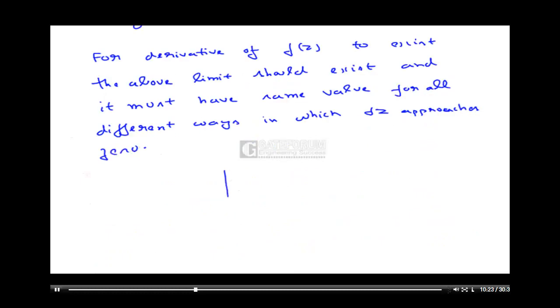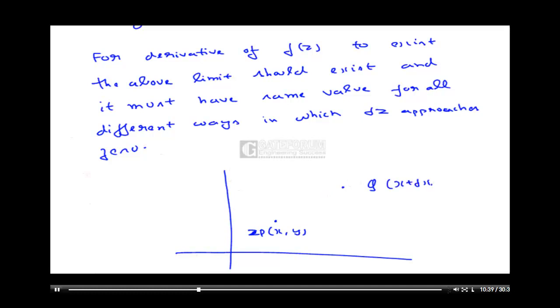See, originally I am having some point z which is equal to (x, y), and I want to go to some point, say let this be point P and this be point Q, which is equal to (x plus delta x, y plus delta y). Now I can reach P to Q through this way, this way, or this way. If I am going directly, then my x and y both are changing simultaneously.